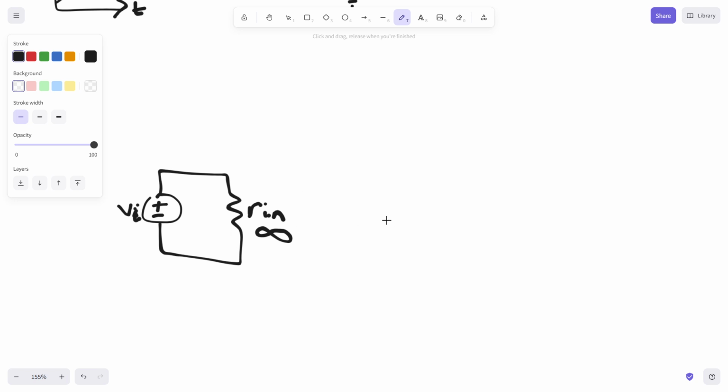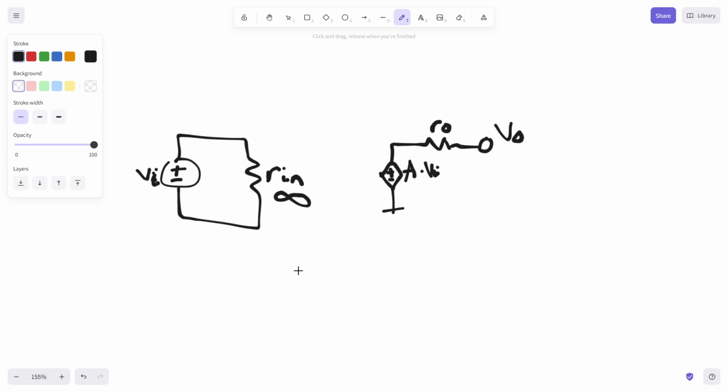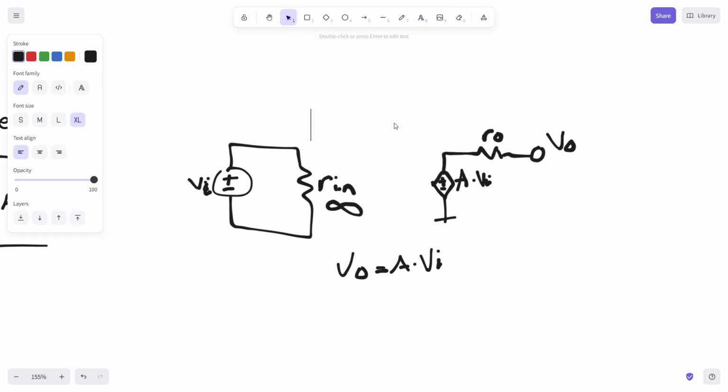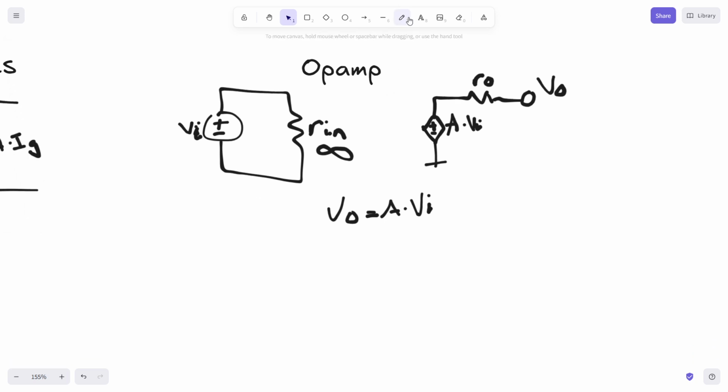But at the output of this operational amplifier, we have one of these dependent sources, generally a dependent voltage source, which is going to be a gain times this input voltage across some little RO output resistance, and then suddenly that is your output voltage. So generally what we would say is that VO is going to be A times VI of an ideal op amp. Let me label this actually. So this is from an operational amplifier.